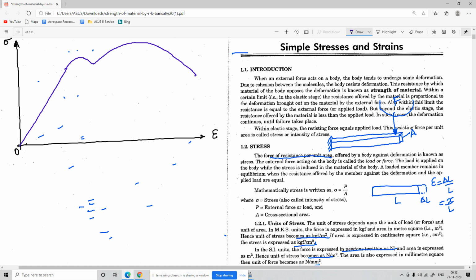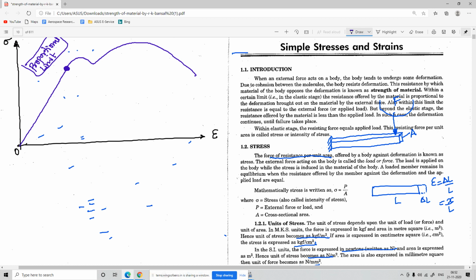The first point is the proportional limit.